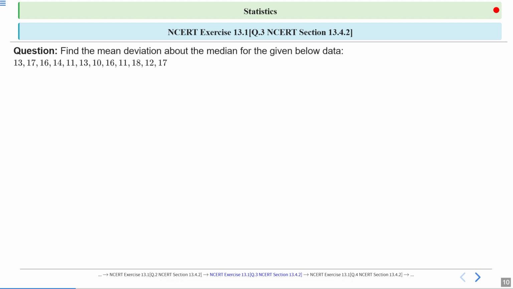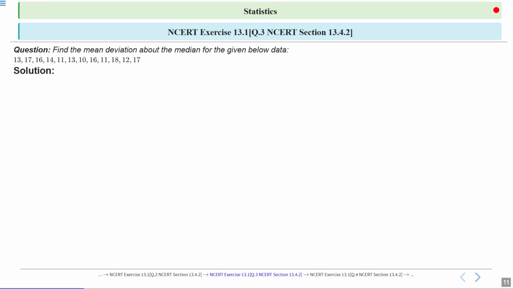For solving this question, first of all, we have to find the median for the given data, and then we can find the mean deviation about the median by taking absolute deviations of the given data from the median. So first of all, try it yourself. Now let's solve this question step by step.